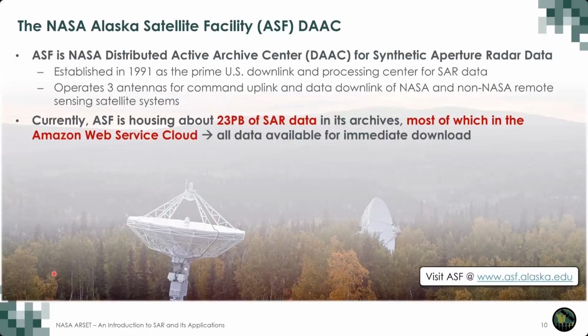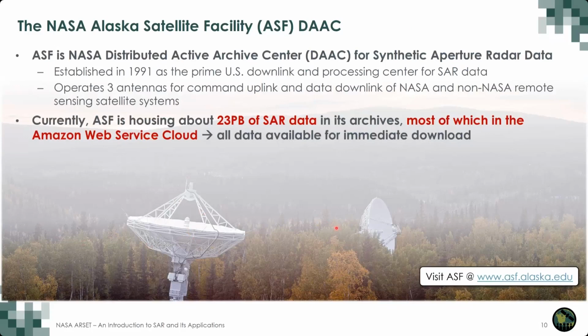So ASF specifically is the Alaska Satellite Facility DAAC. ASF sits in Fairbanks, Alaska, as mentioned before. We've been around since 1991, initially acting as a downlink station for NASA. So we operate these dishes that you see on the bottom of the slide to provide space communication services to NASA-linked satellite systems.